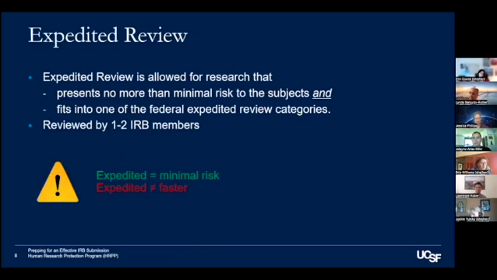To go deeper into expedited review, again, it's research that presents no more than minimal risk and fits into one of the federal expedited review categories. And that's what we'll go over. It's typically reviewed by 1 to 2 IRB members, but for prison research, it's different.